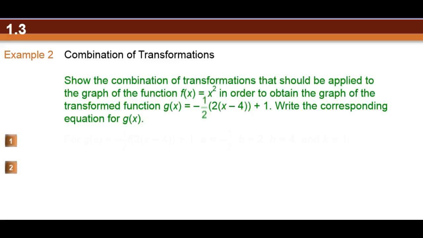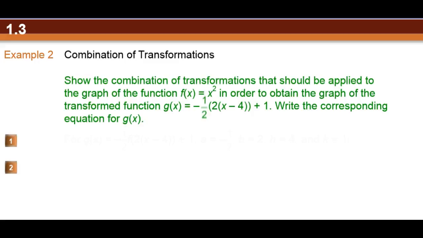Okay, we have a half in front right here, so that is a vertical stretch, which is just going to shrink it by a half, right? Okay, now we have a 2 in here. That, yep, a horizontal stretch, also of a half, right? It's going to make your x's half as big.